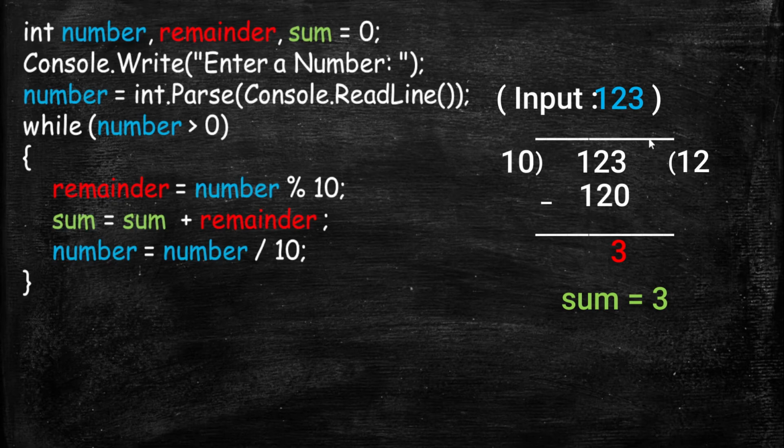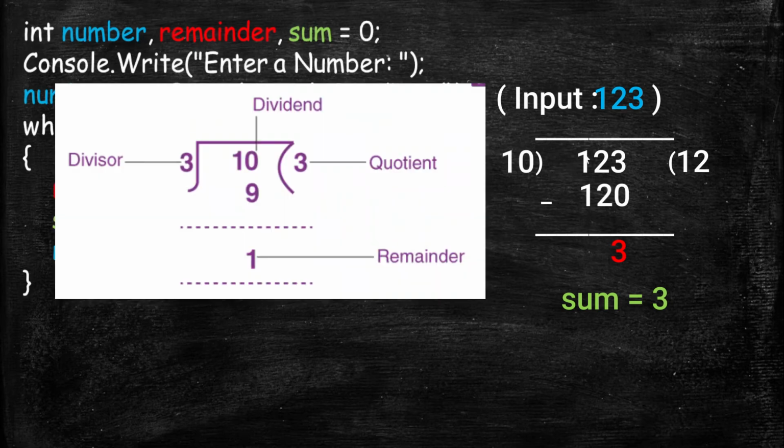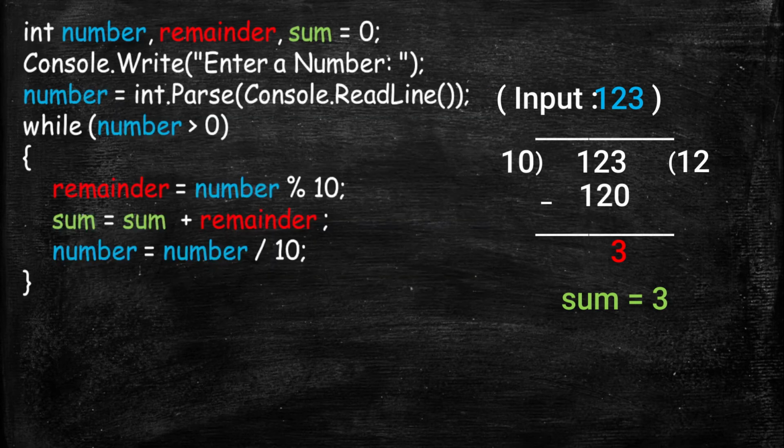In division, the 10 here is called the divisor, the 123 is the dividend, and the 12 here is called the quotient, and the 3 which we have got here is the remainder. So every time we divide the number by 10, we will get the remainder as well as the quotient. So our number will become 12, and then this loop will run again.